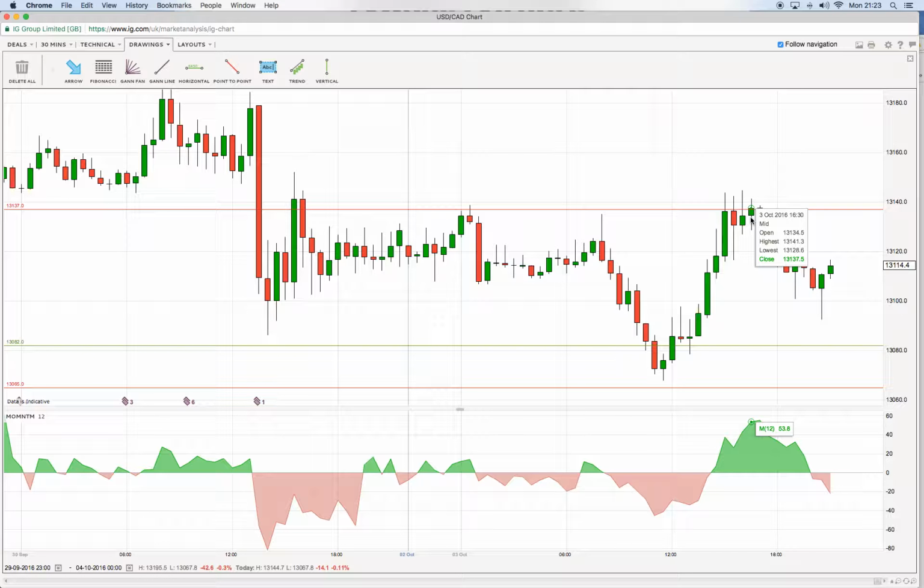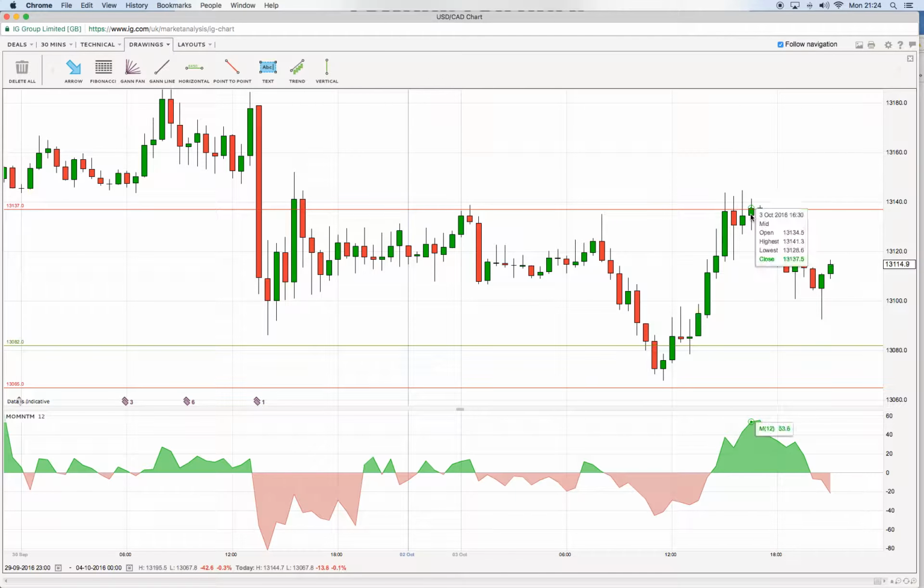The highest high is 1.3141, which is lower than 1.3143, almost 44. But here we can see that the momentum has actually increased considerably versus this reading here. And here the market doesn't actually go above this candlestick here.